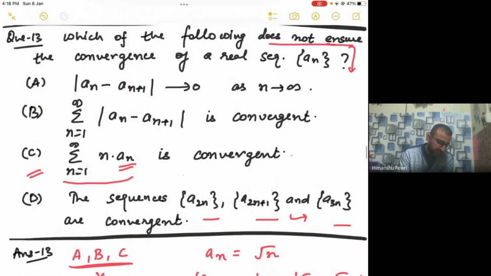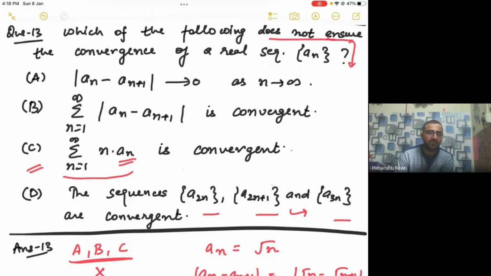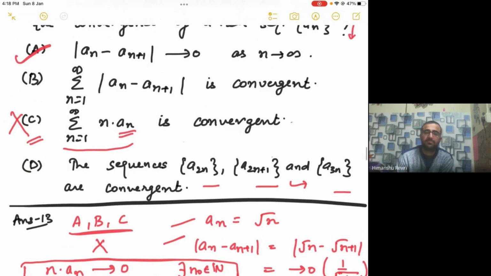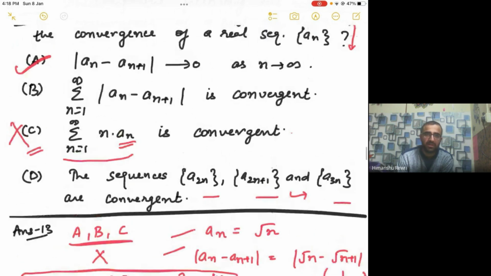We have to say which of the following does not ensure the convergence of a real sequence a_n. But C ensures it: if this is convergent, then a_n converges to 0. So C is false. But option A is correct. The same example will work. Here a_n minus a_(n+1) tends to 0, but a_n is not convergent.